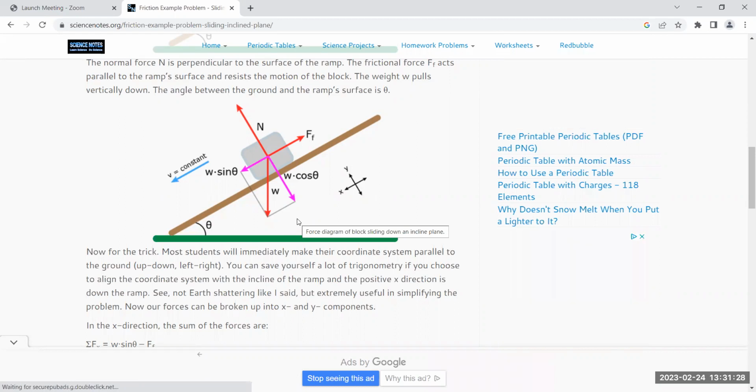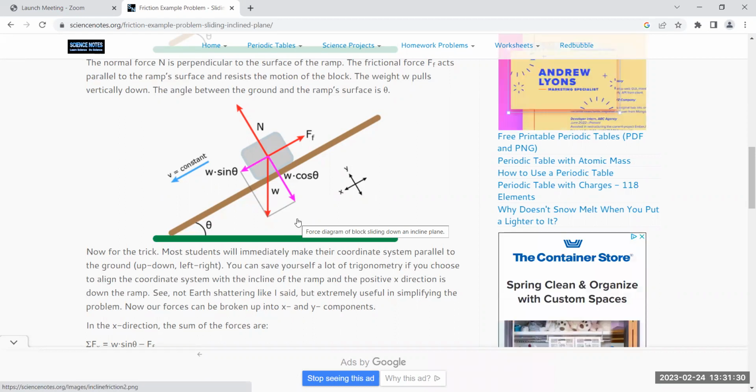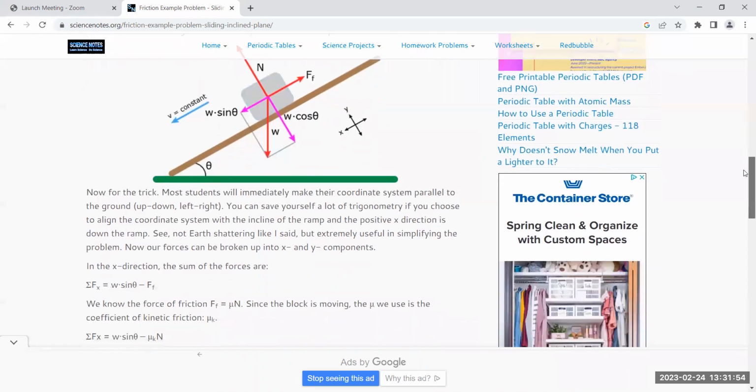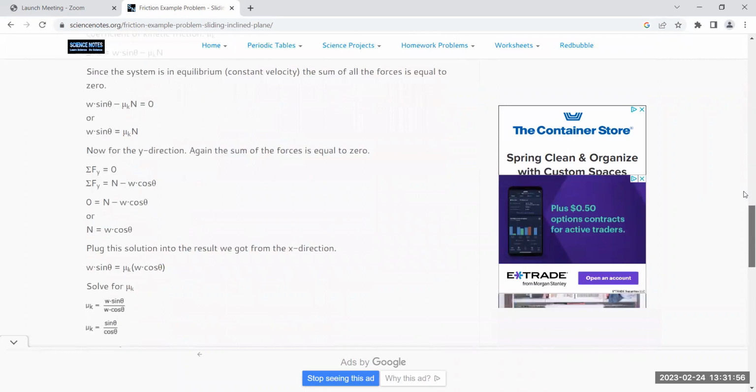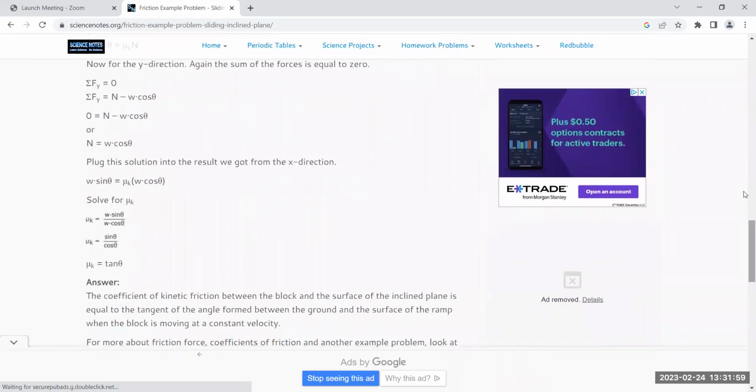But by doing this, what we find is the coefficient of kinetic friction. In other words, the amount of effort that you need to put in order to make this box move is only dependent on the angle of the ramp. So play with the equation that tan theta is mu sub k.